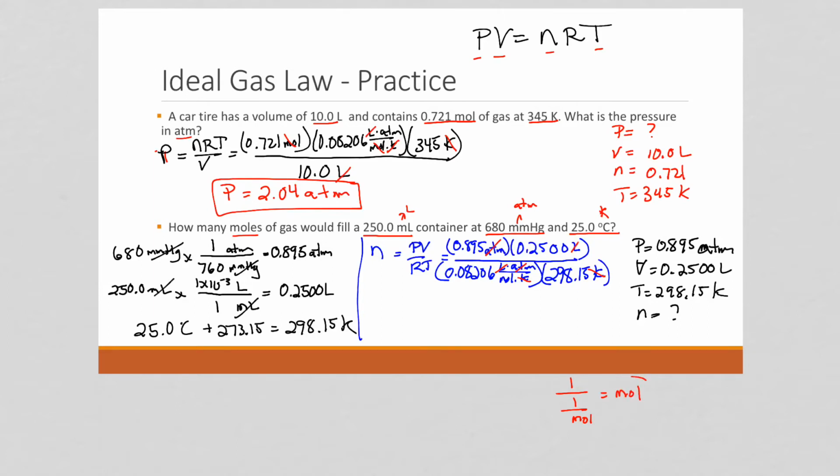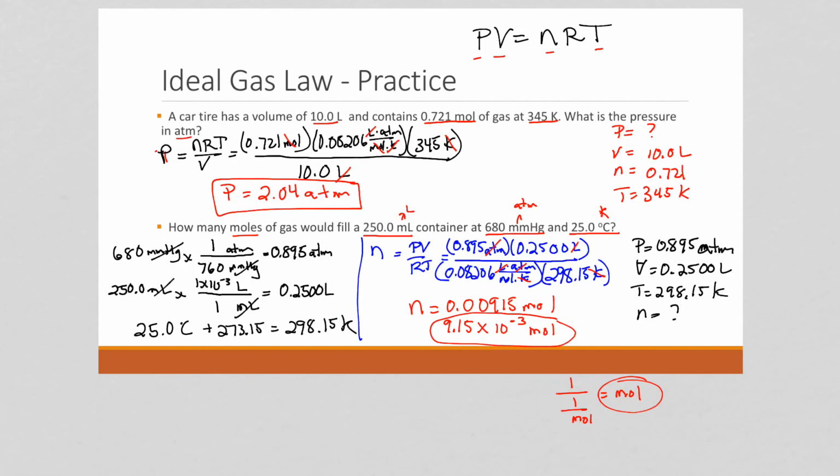So yes, if I do all this, the units will come out as moles. I do my math, and my moles equals 0.00915 moles, or 9.15 times 10 to the negative third moles. That is 3 significant figures, based on the other values that we have in our equation.